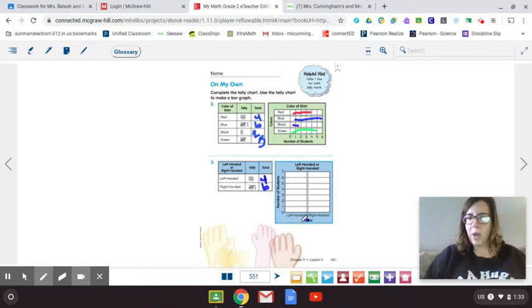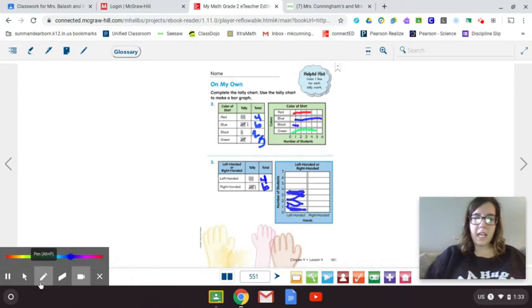So here, or why do I keep saying bar chart? You guys aren't here to correct me. Bar graph. So here we have left-handed, and there are 4 people that are left-handed. So I'm going to color in, and we're going to go up and down this time. So it would be 1 box, 2, 3, 4. And then we have right-handed. And we have 6.